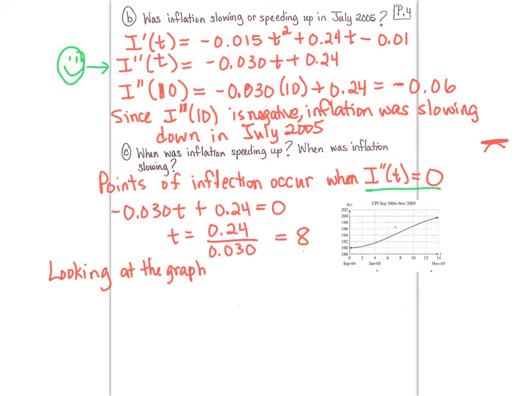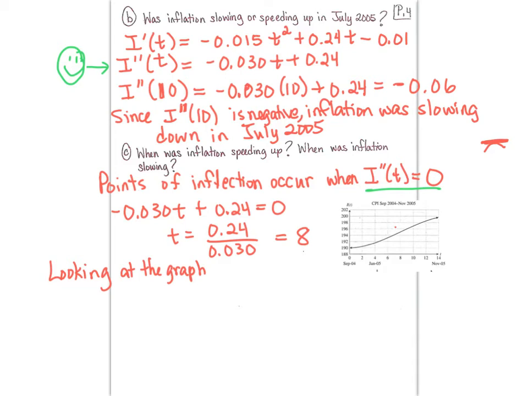Looking at the graph, we see it's concave up to the left of t equals 8, and it's concave down to the right. Which means there's an inflection. That means inflation was speeding up for t less than 8, but then it was slowing down for t greater than 8.